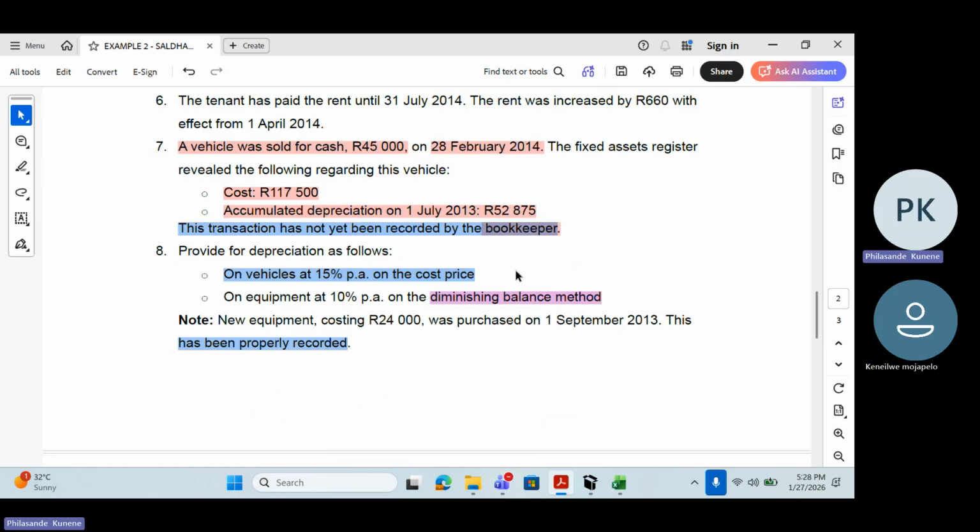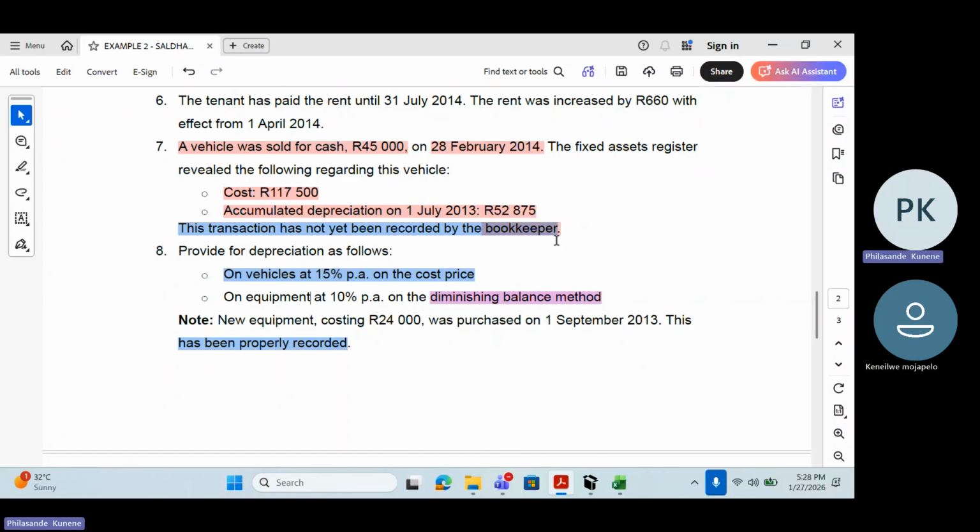Has not yet been recorded. So we sold something for 45,000, which has a cost of 117,000, and it was not recorded. So it's still included in that amount, né? So that is the cost at the beginning, the one that is sitting in the trial balance. Cost at the beginning. Exactly. It has to be the cost at the beginning.